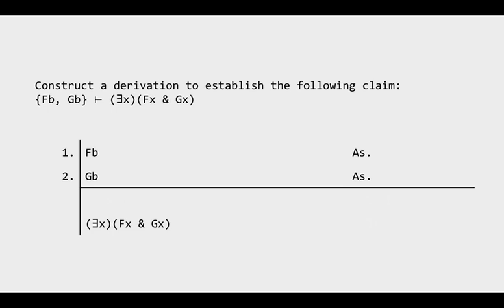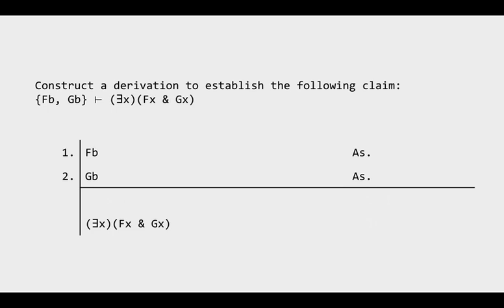It looks like the sentence to be derived, existential quantifier x, Fx and Gx, just is 2 sentences with their individual constant replaced with a variable. So it looks like it's just first a conjunction and then an existentially quantified sentence, right? So we have to go kind of in layers here.